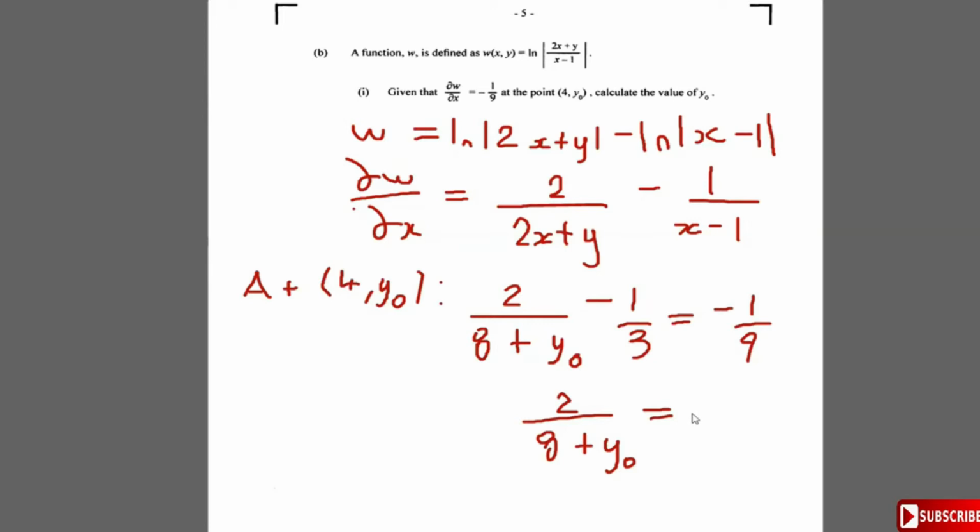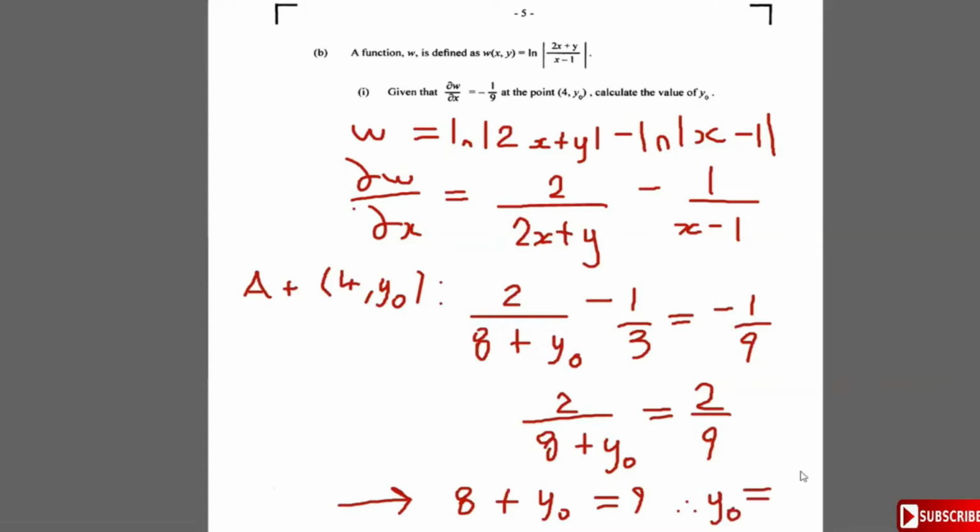Now, since the numerators are equal, we can just equate the denominators. So this implies that 8 plus y naught must equal 9. It works out so smooth. So 8 plus y naught must be equal to 9, and therefore y naught is equal to 1.